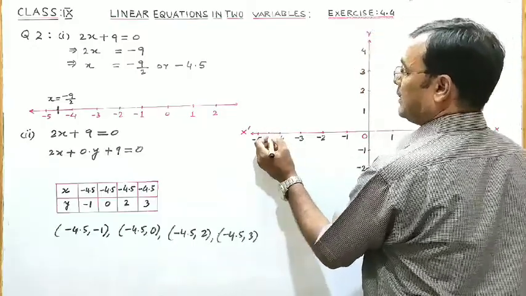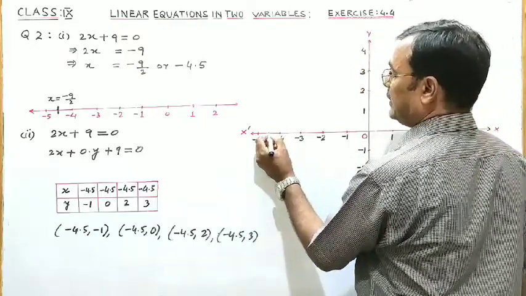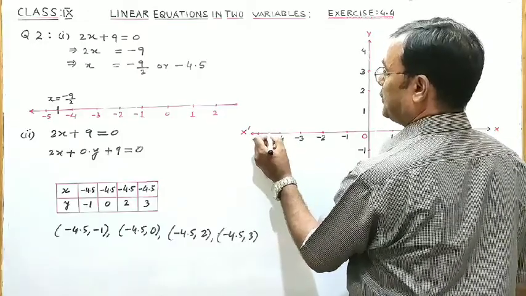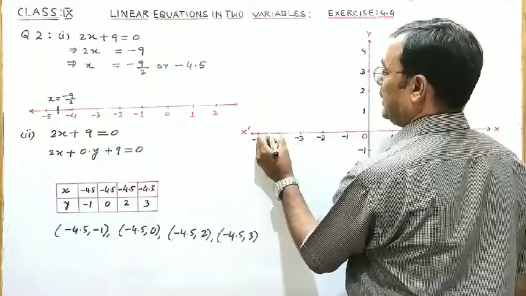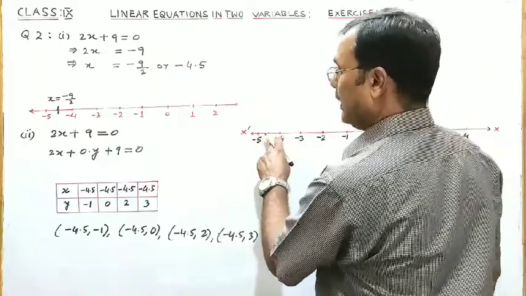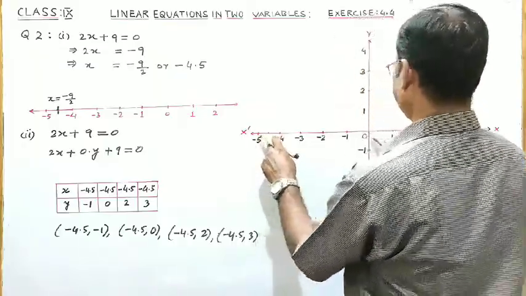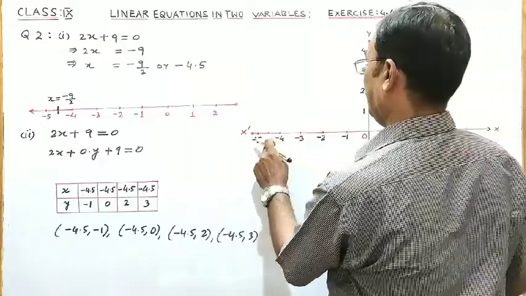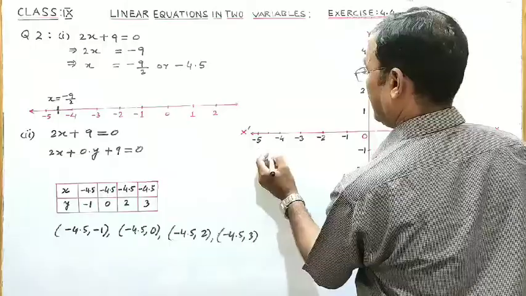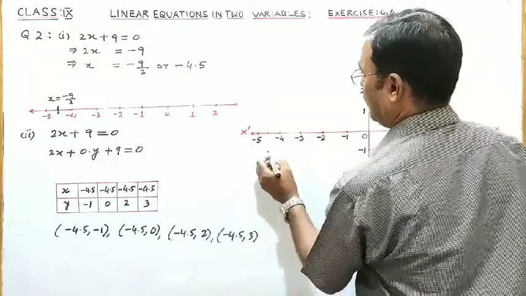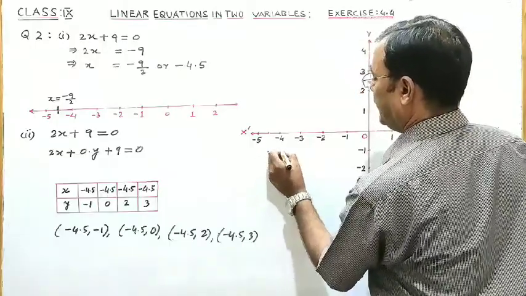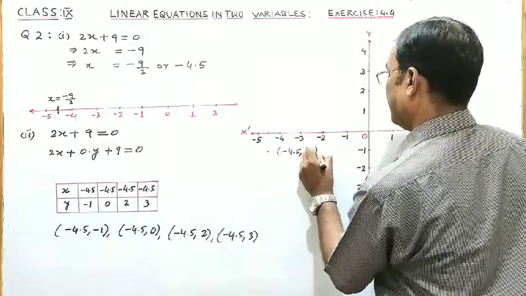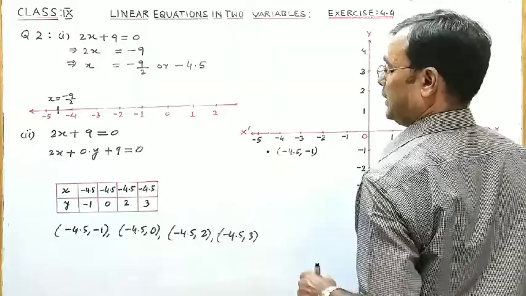It is exactly at the center of minus 4 to minus 5. This point is minus 4.5 and y is minus 1. So this point will be minus 4.5 comma minus 1, this point.